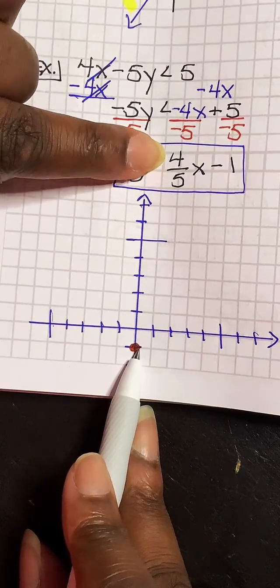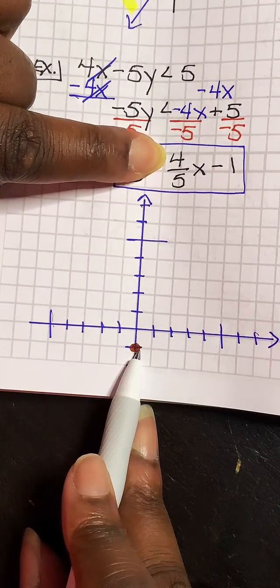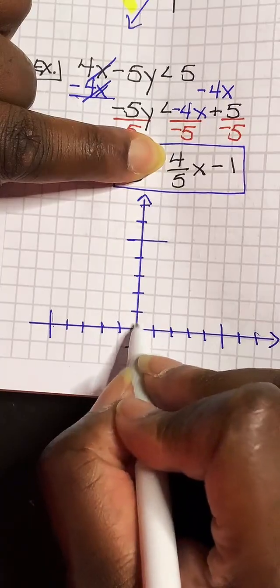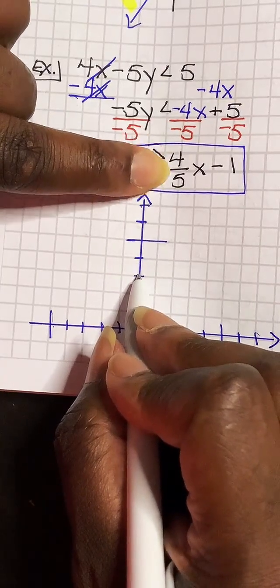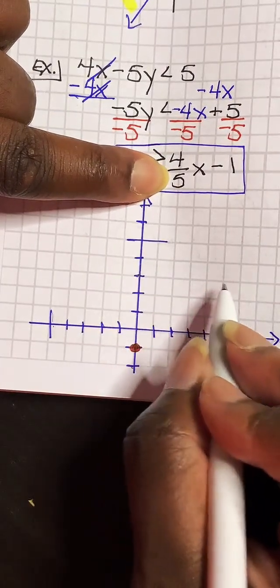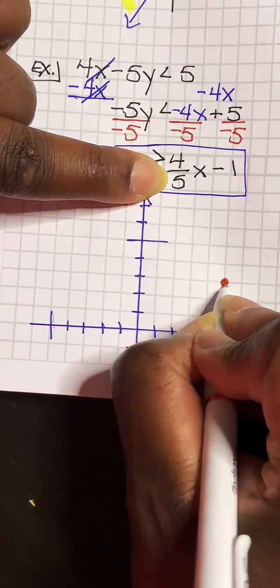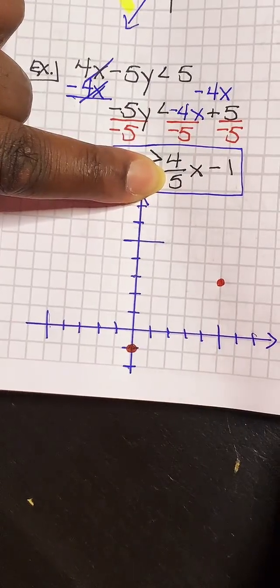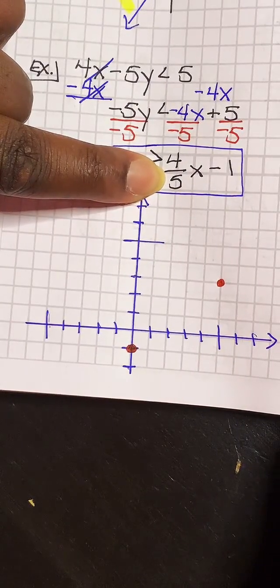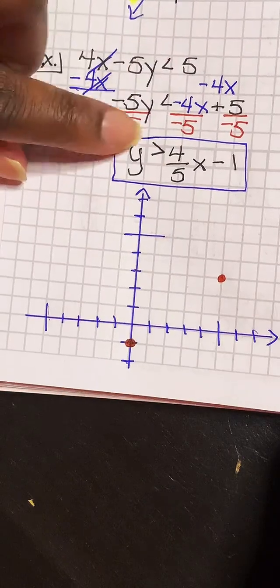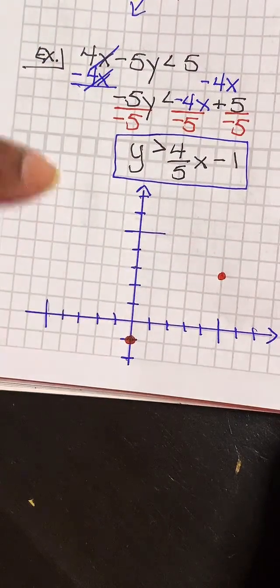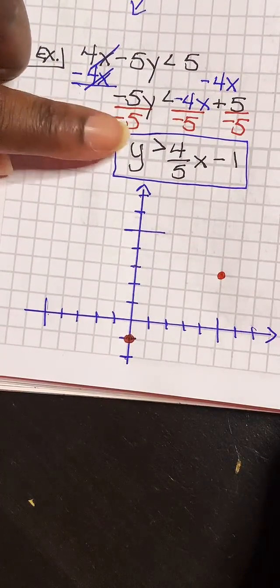Since it's a +4, I'm going to go up 4. 1, 2, 3, 4, and to the right 5. And draw my next point. Now, I need 2 points. That's fine.